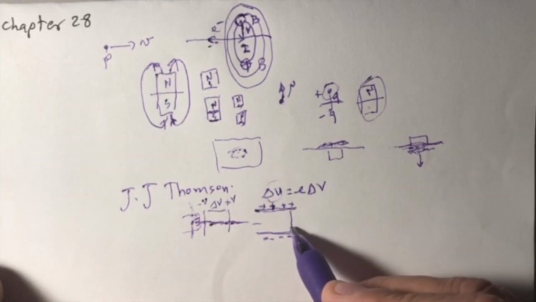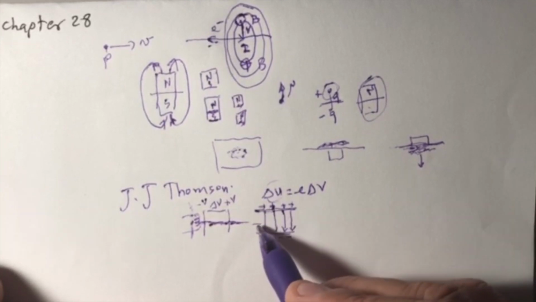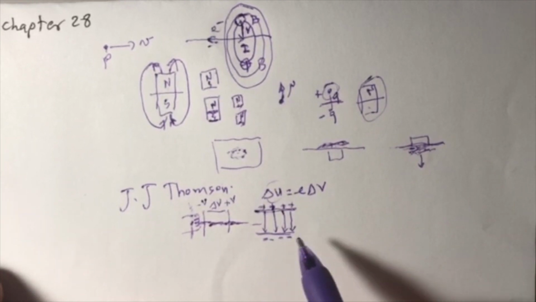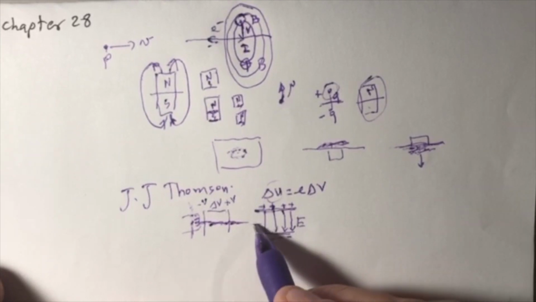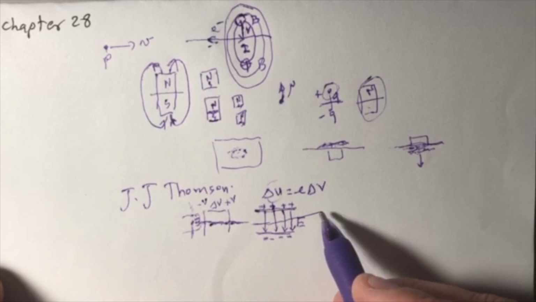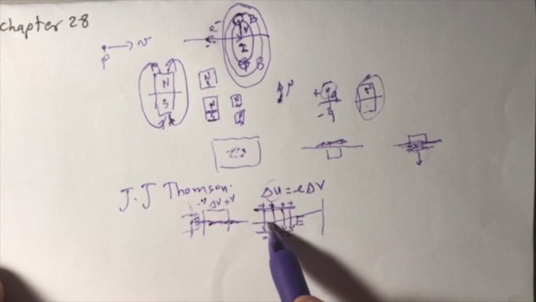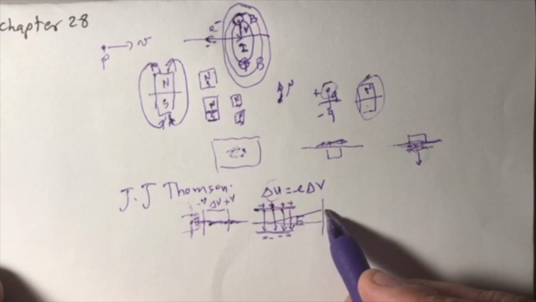And you can see here we have an electric field. The electric field always goes from the positive to the negative. So the electron will try to go to the positive side, so it will go up like this. And then here he put a screen, so you can actually look at the deflection.